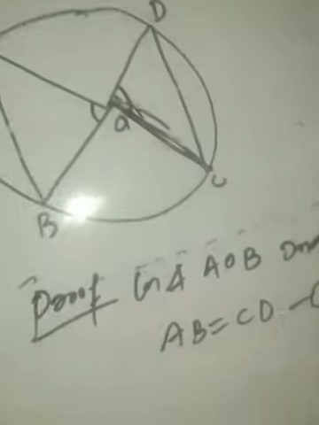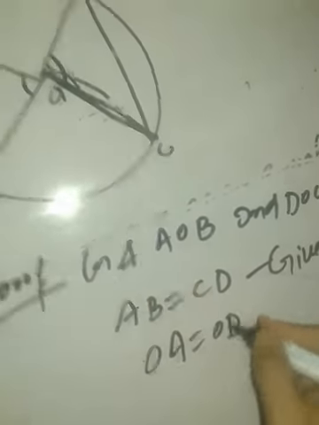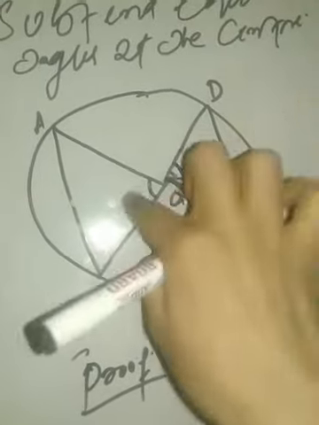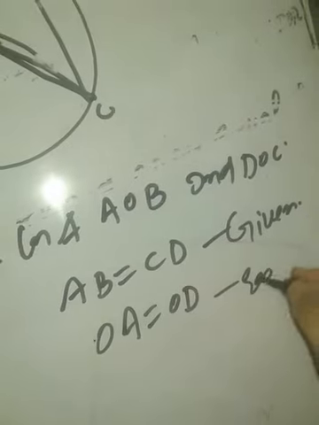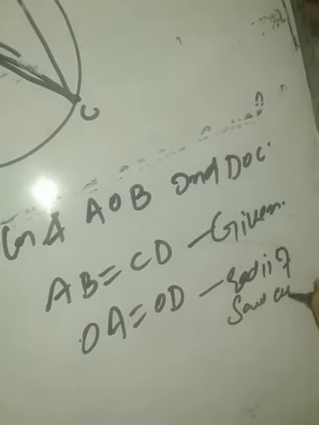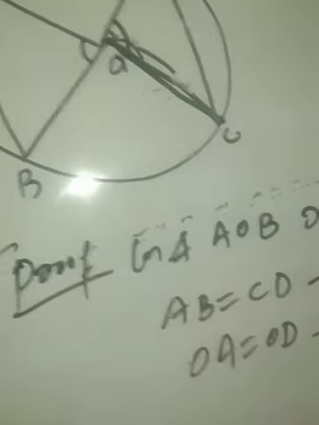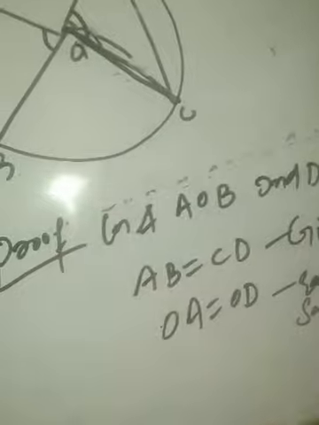OA equals OD, radii of the same circle. So any two radii of a circle are equal. So we will write the reason as radii of the same circle.